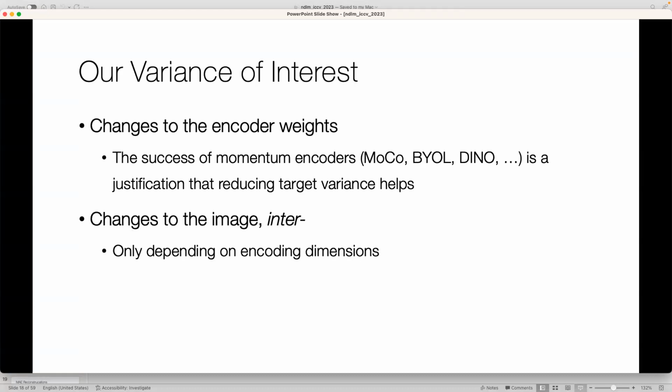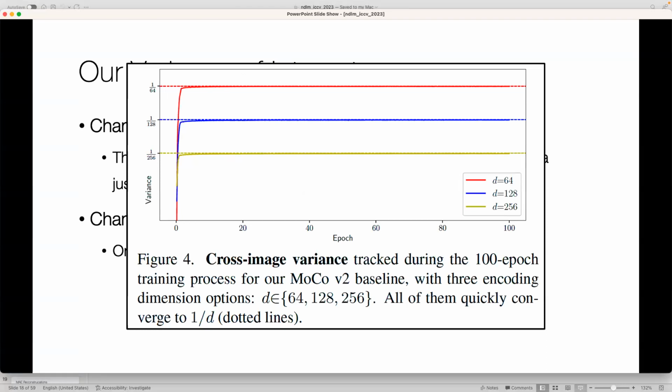And for changes to the image, we find an interesting phenomenon that it only depends on the encoding dimensions. Here's a figure. Once we have started training, this is using MoCo V2, a contrastive framework, the variance with regard to the images will quickly converge to 1 over the number of dimensions of the encoding.